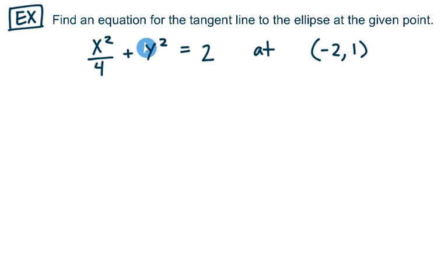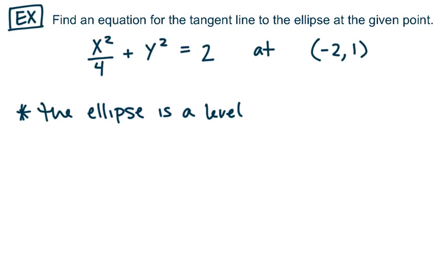In this example, we're given an ellipse, and we're going to find the equation for the tangent line on that ellipse at the point -2, 1. So essentially what we're thinking about here is that this one singular ellipse is representing a level curve of a function.